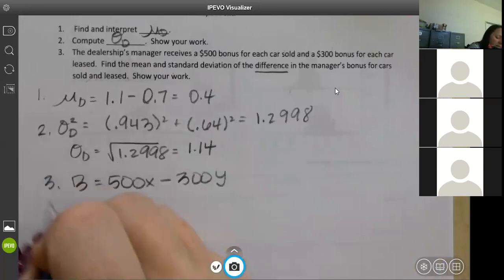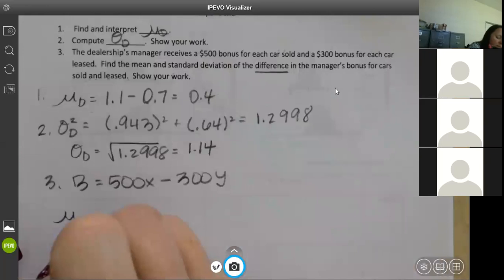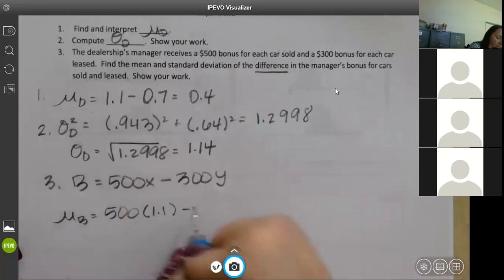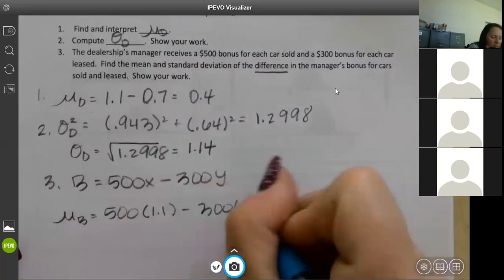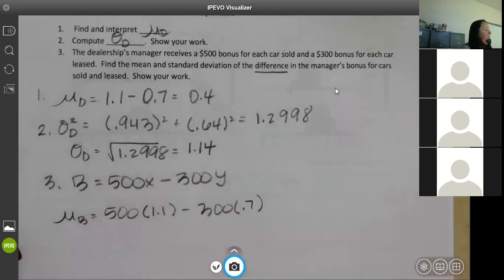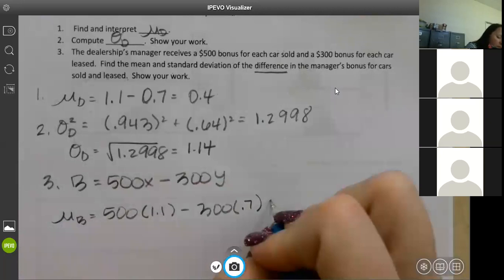We're just doing the mean of the bonus, which would be 500 times your x mean minus 300 times your y mean, which was 0.7. Which gives you 340.